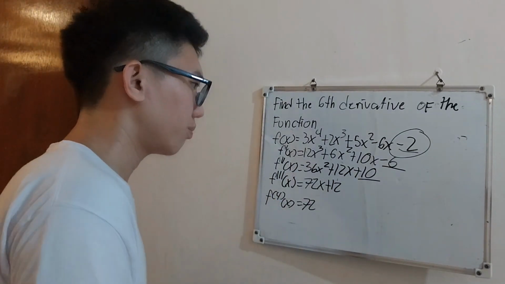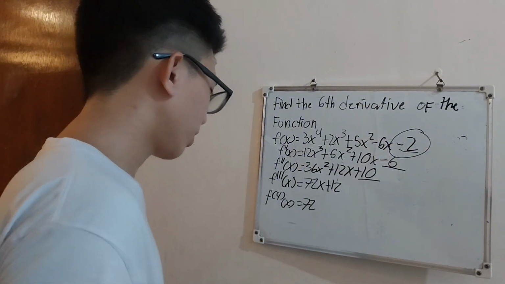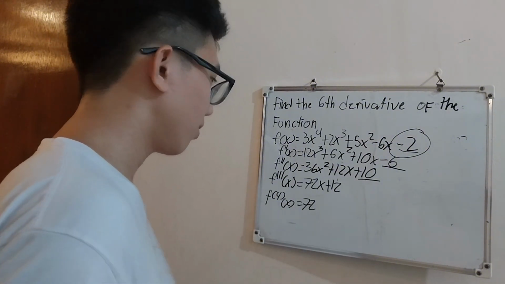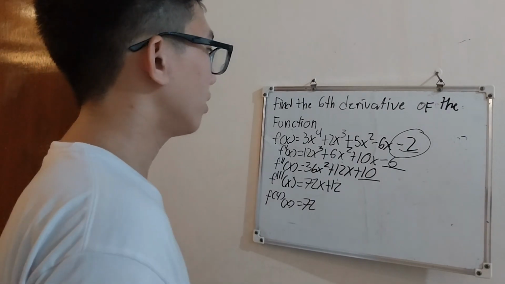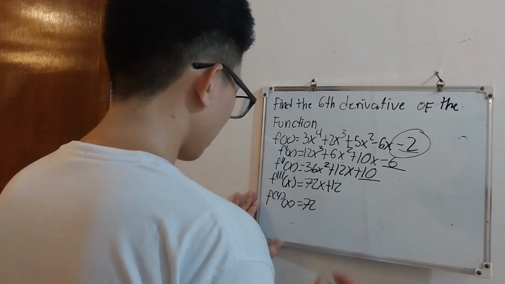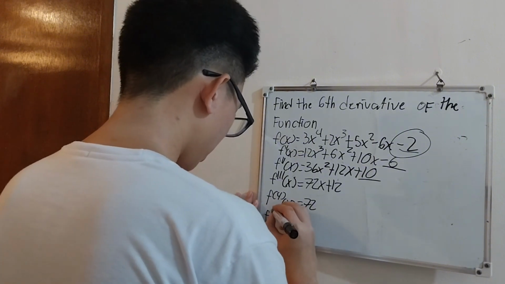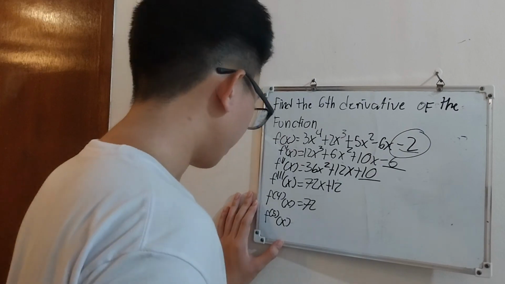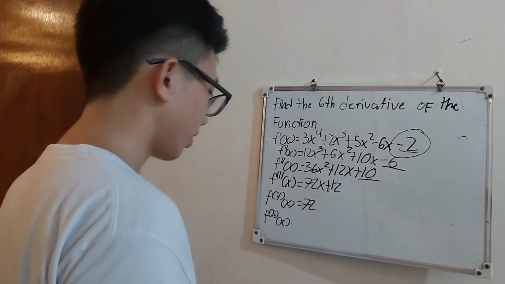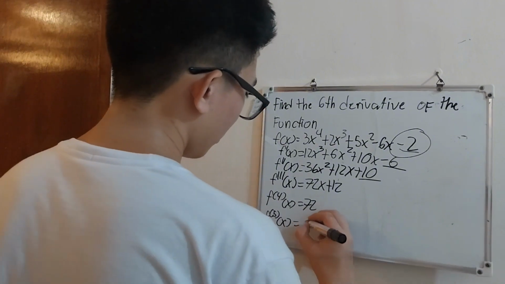Just because our function stops at the fourth derivative, we can still move on until our sixth derivative. Since 72 is a constant number, its derivative is equal to 0.